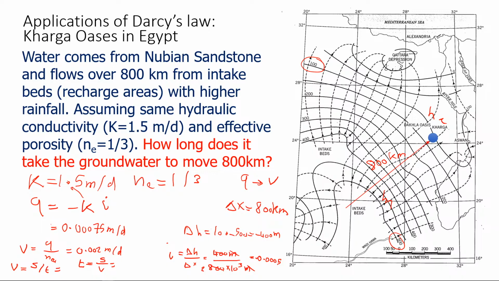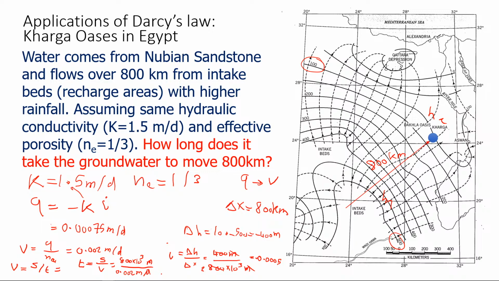So what is the distance? The distance is already given: 800 × 10^3 meters. And the velocity is 0.002 meter per day.